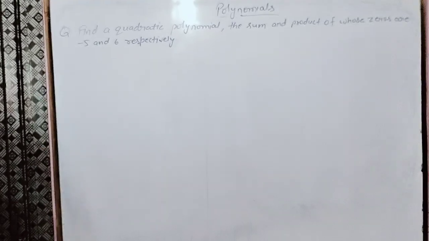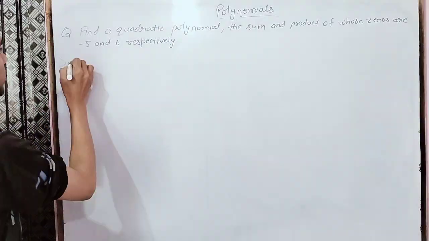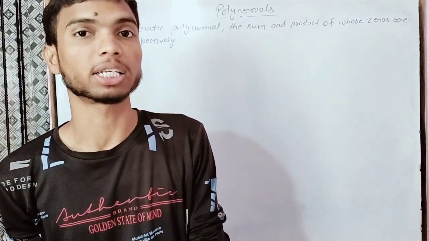Now this is the question. We have to find a quadratic polynomial where the zeros are given.